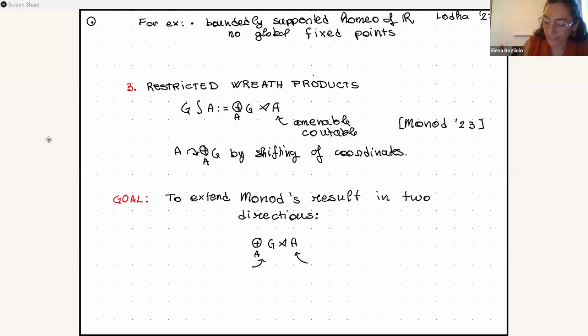So we want to extend this result both on the right by having less constraints on the group A, so we want to allow also non-amenable groups, and on the left, to allow for other group operations.